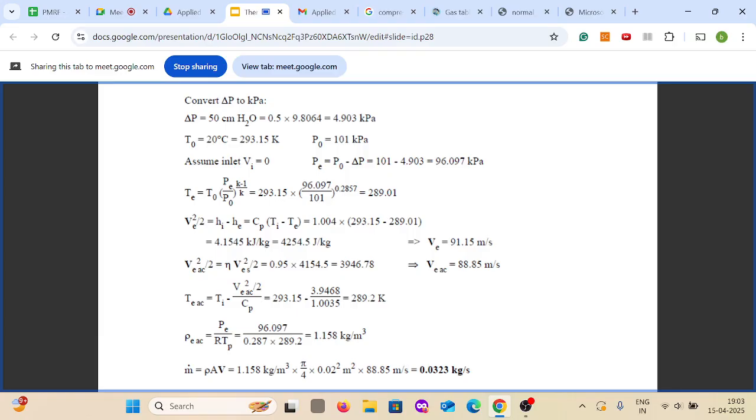So we can find out the exit temperature, which is 293.15 into the pressure ratio raised to power 0.2857, which gives you 289.01. So the exit velocity V squared by 2 comes out to be Hi minus He, which is Cp times (Ti minus Te).